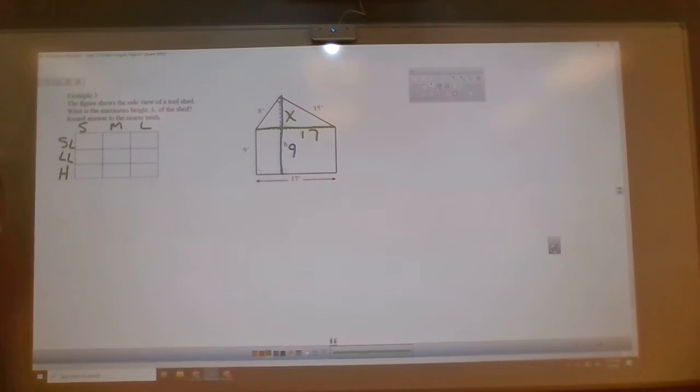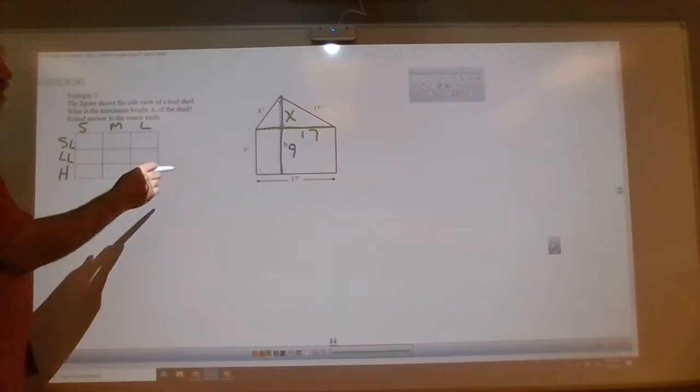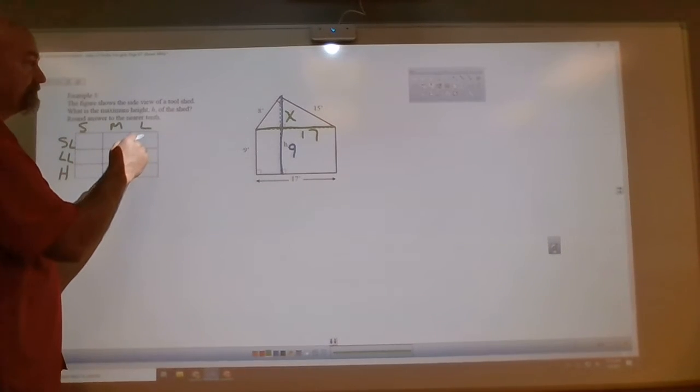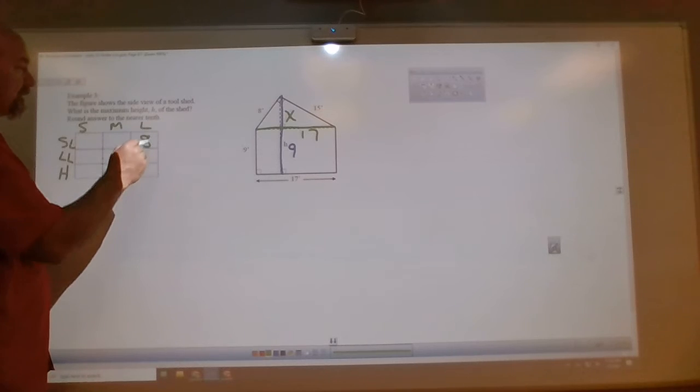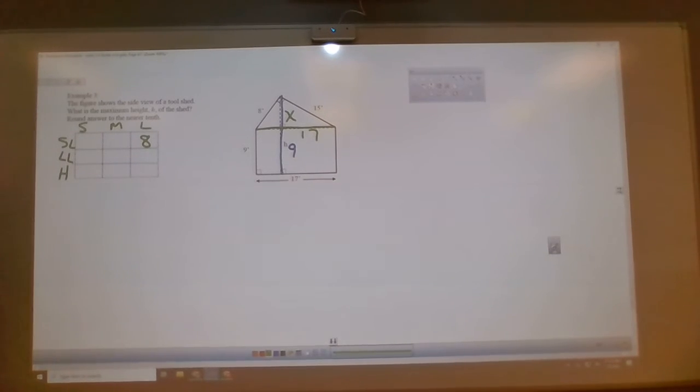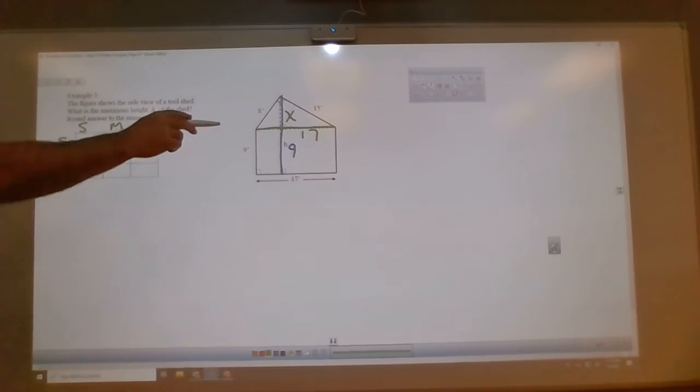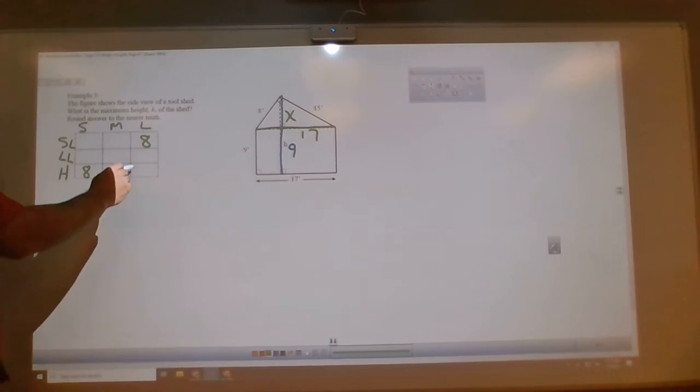Short leg of the big one is 8. Hypotenuse of the small one is 8. Hypotenuse of the big one is 17.